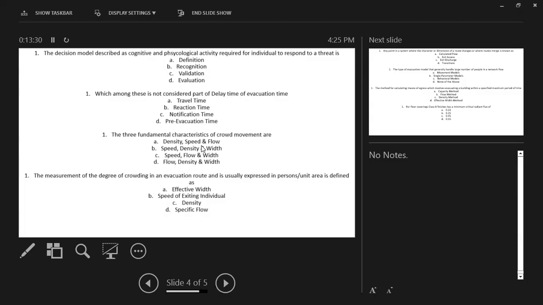Okay, so evaluation. Which among these is not considered part of delay time of evacuation time? Read all the options.